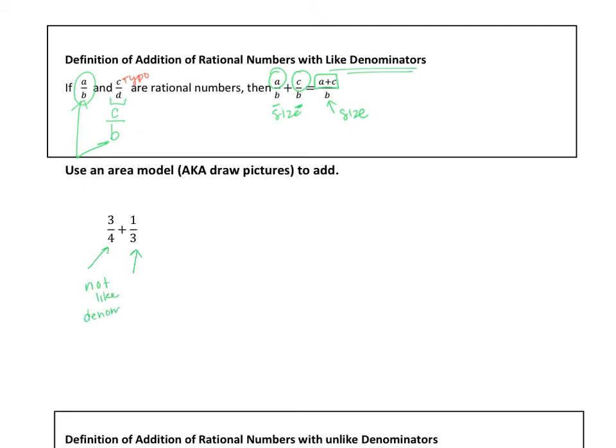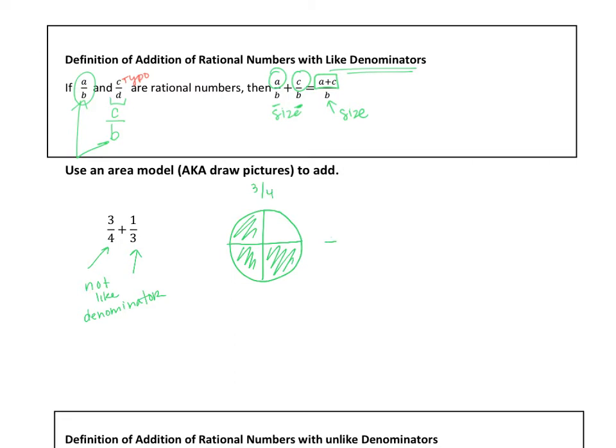Now, some of you guys might already know you need to find a common denominator, but let's look at the pictures to try and understand this. So I have 3/4. For some reason, I'm sticking with the pie, but you can use boxes if you'd like. So 3/4 is right there.